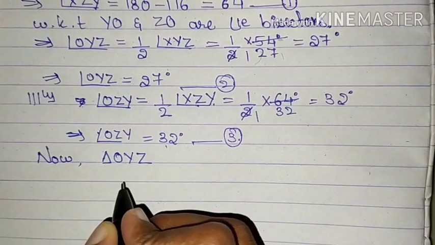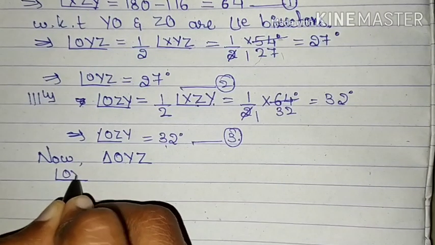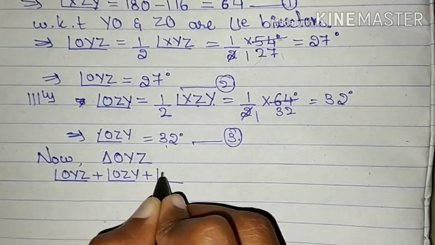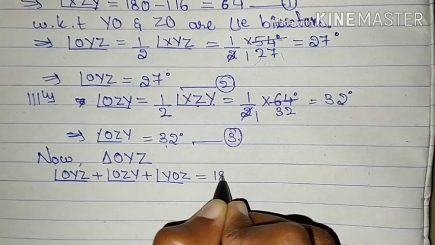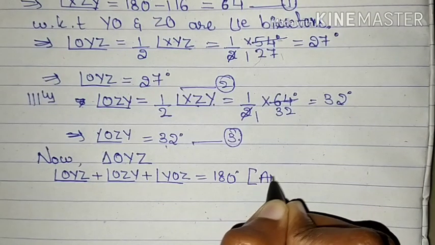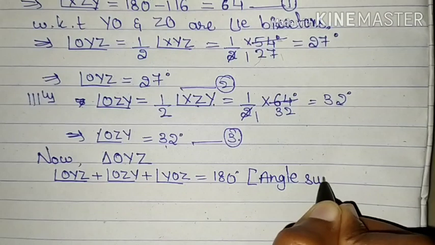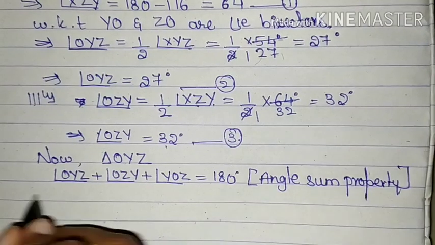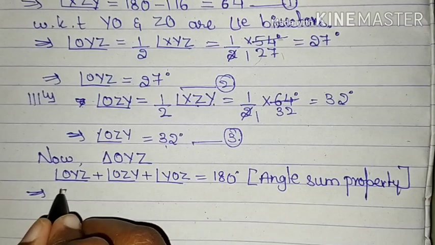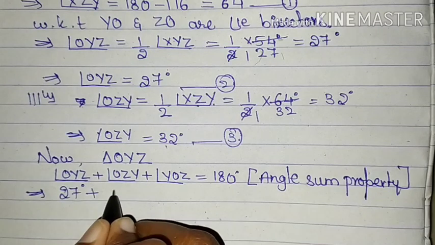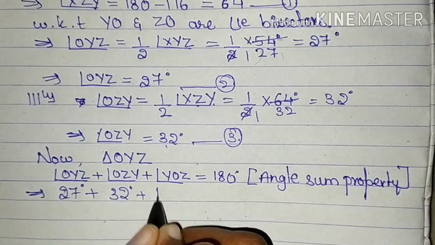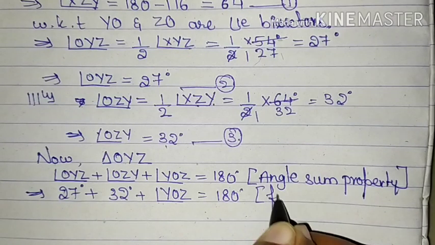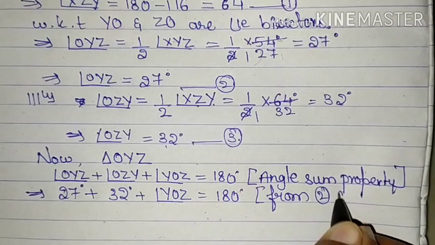So in triangle OYZ, angle OYZ plus angle OZY plus angle YOZ is equal to 180 degrees because of the angle sum property of a triangle. This implies 27 degrees plus 32 degrees plus angle YOZ is equal to 180 degrees. We got those values from results 2 and 3.